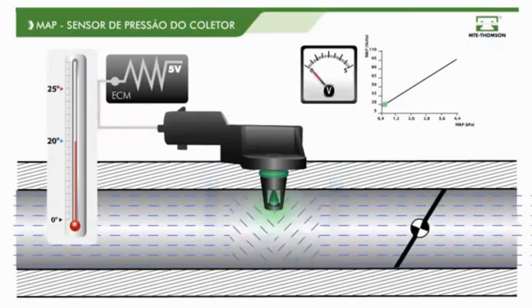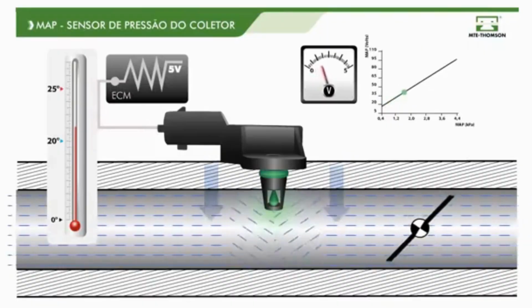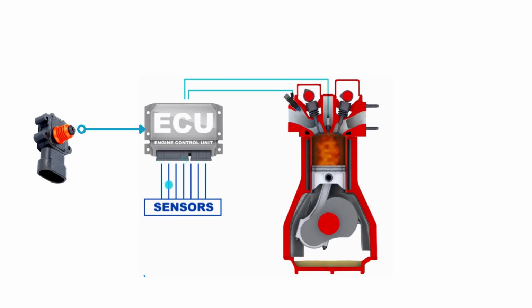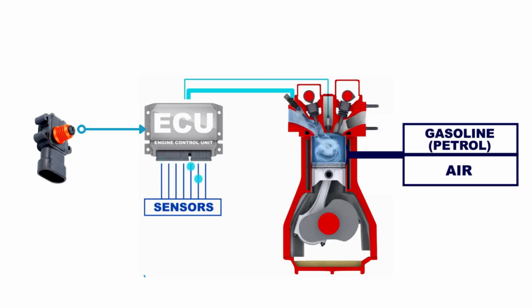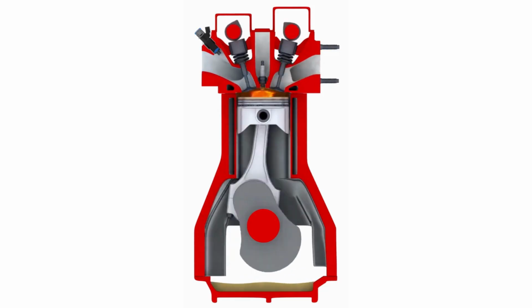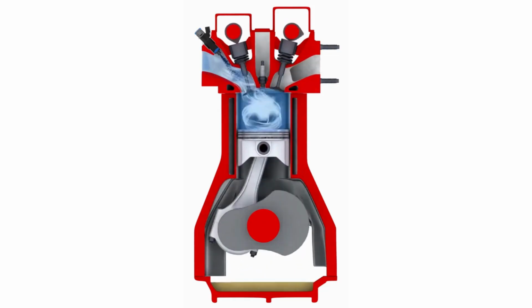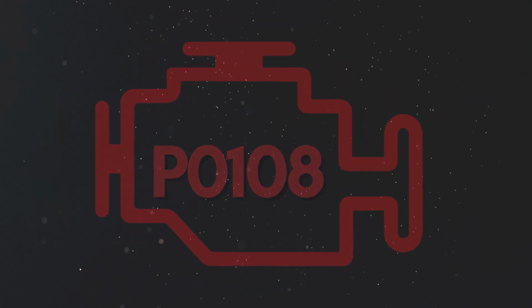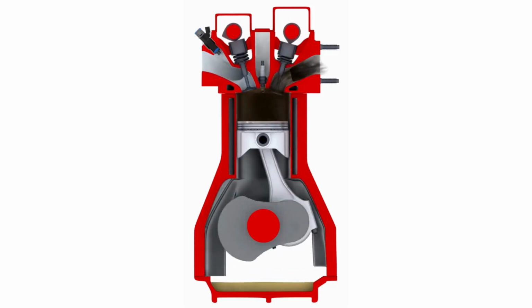This information is incredibly important because the engine control module, or ECU, relies on it to calculate the correct air-fuel ratio for efficient combustion. In simple terms, the MAP sensor tells the ECU how hard the engine is working, so it knows exactly how much fuel to inject. The more air entering the engine, the more fuel is needed to maintain the proper air-fuel mixture.